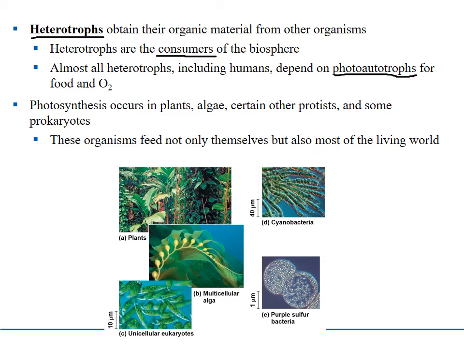Without the plants, basically nothing else on the planet lives. You find photosynthesis in any green organism. So plants, algae, some of the protists, including the euglena, and some cyanobacteria, all are able to do photosynthesis, and they feed themselves that way, but they also provide the basis of energy for all of the other organisms on the planet.